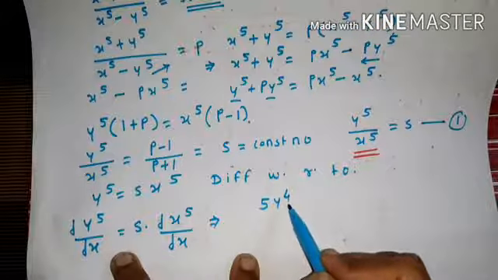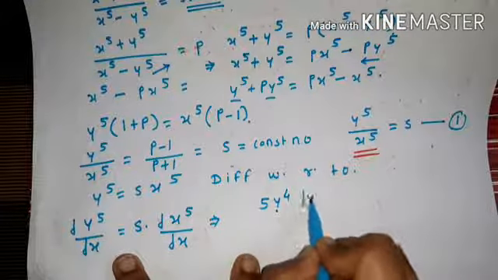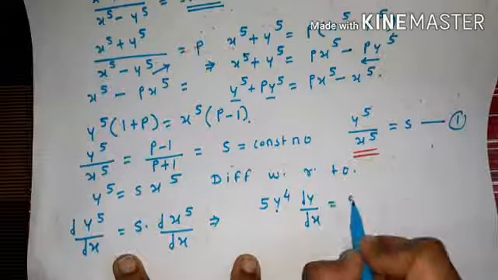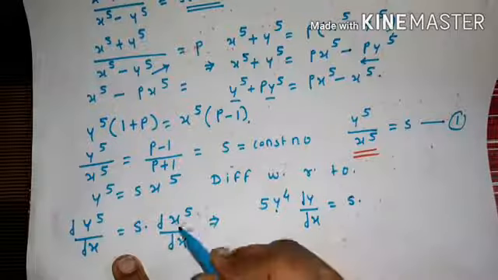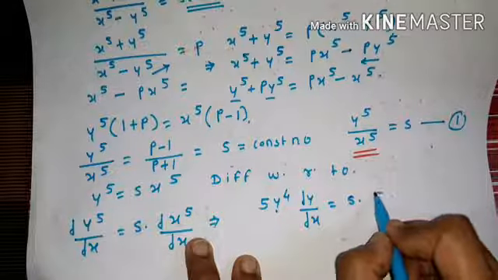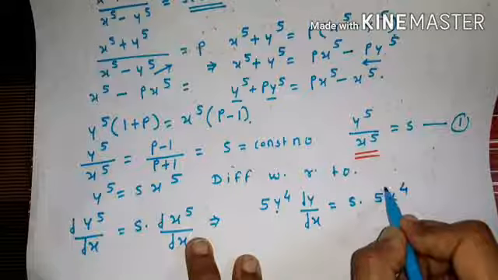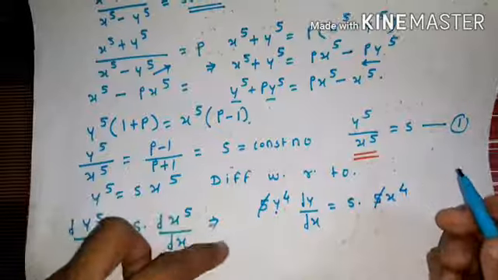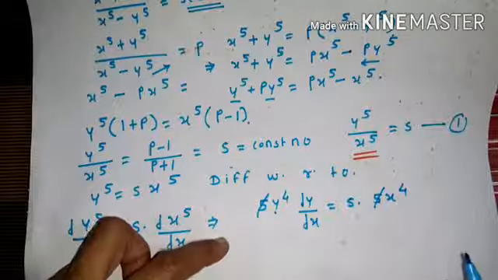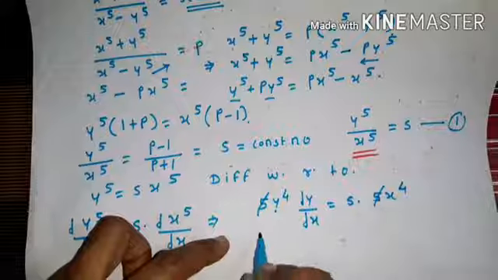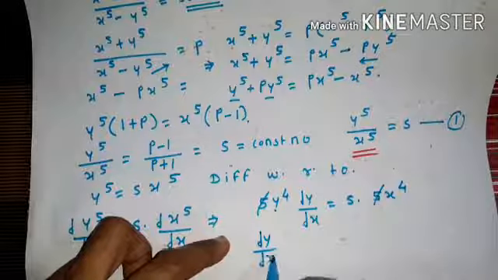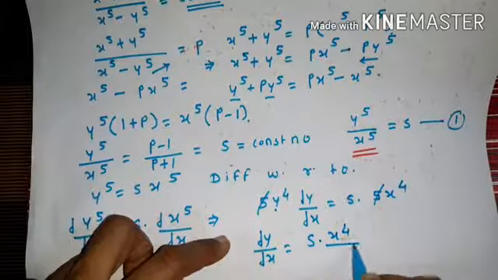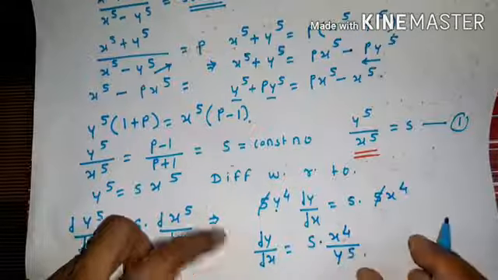Now s is a constant and differentiation of x^5 is 5x^4. The 5 gets cancelled on both sides, and now we have dy by dx equal to s into x^4 upon y^4.